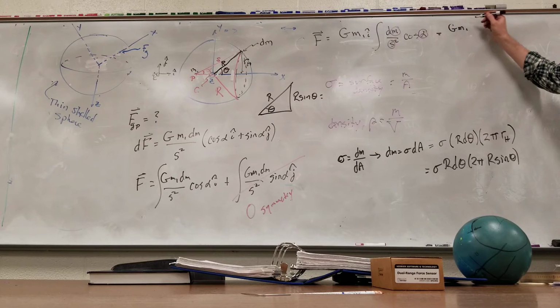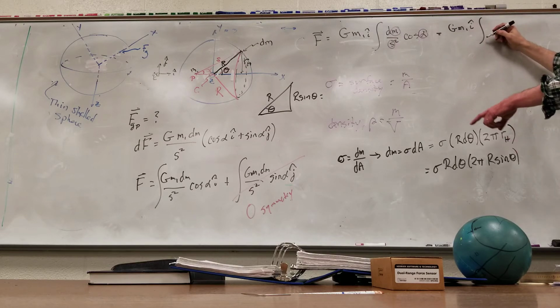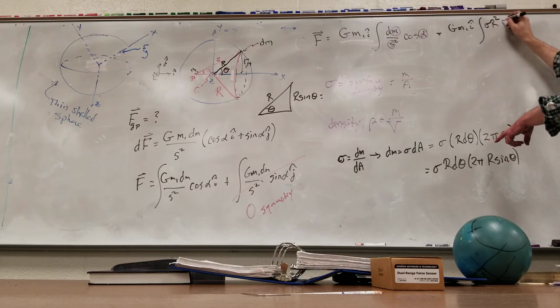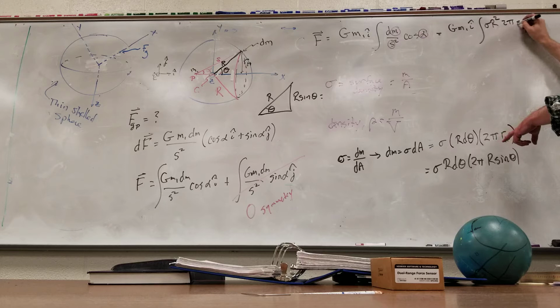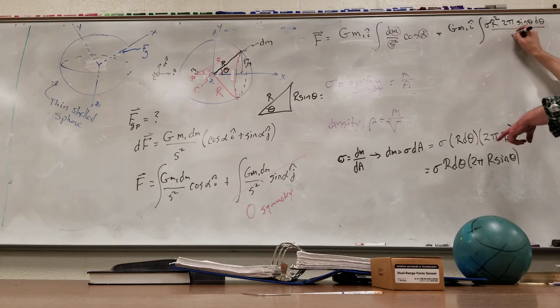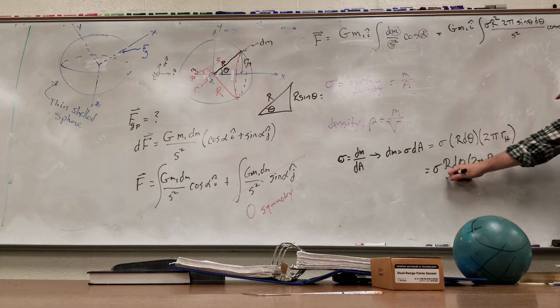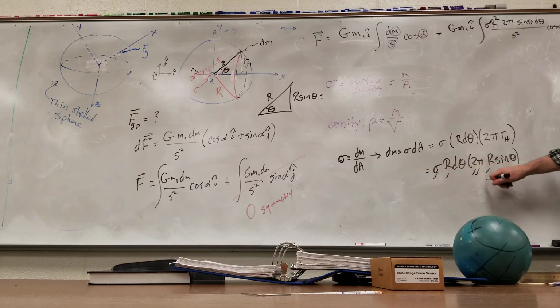And so this now becomes g mass 1 I hat integral of, this is all dm, sigma r squared 2 pi sine theta d theta over s squared cosine alpha. Let's make sure I didn't lose something there. So I got my 2 pi still, I got my r squared, got my sigma, and then sine theta d theta.